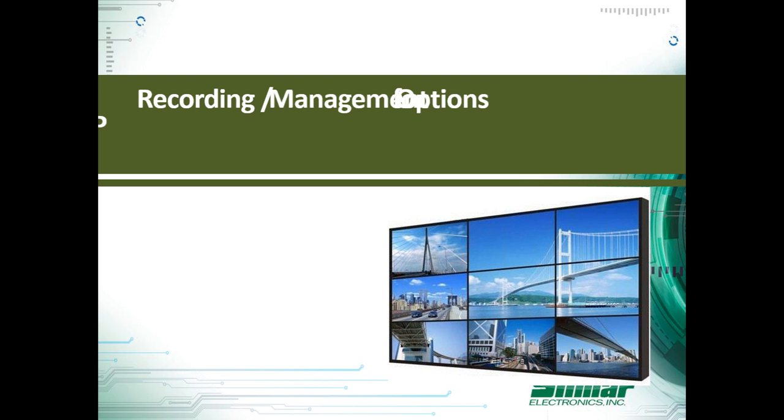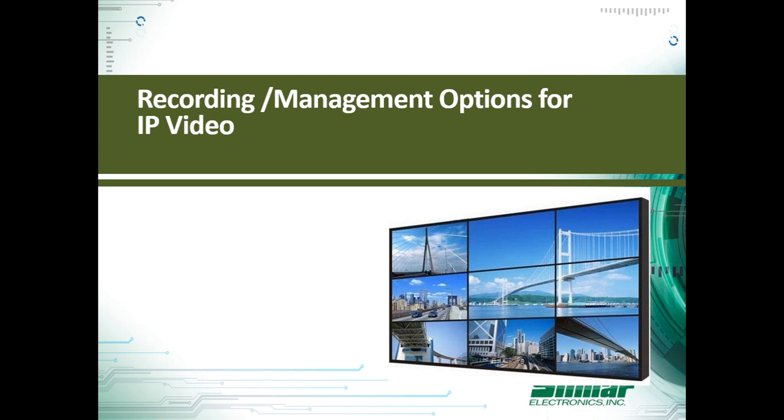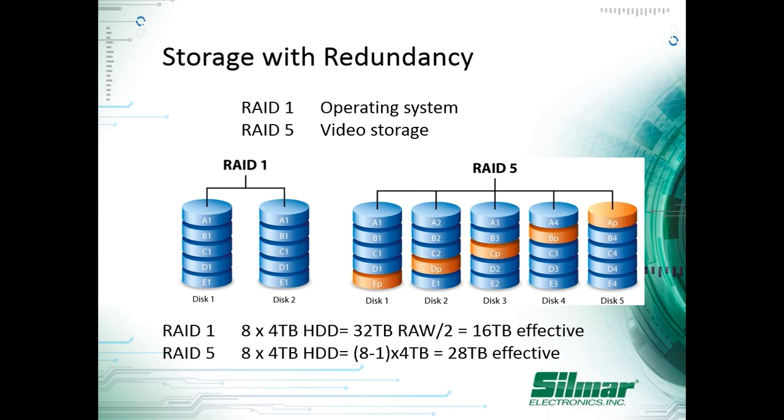Now, where does all this data get saved or stored? We're recording all this data. Where does it get stored? In this case, we're showing you a server that is capable of holding 96 terabytes of storage. We're at 8 terabyte hard drives right now, so 8 terabyte drives times 12 bays gives us 96 terabytes of raw storage.